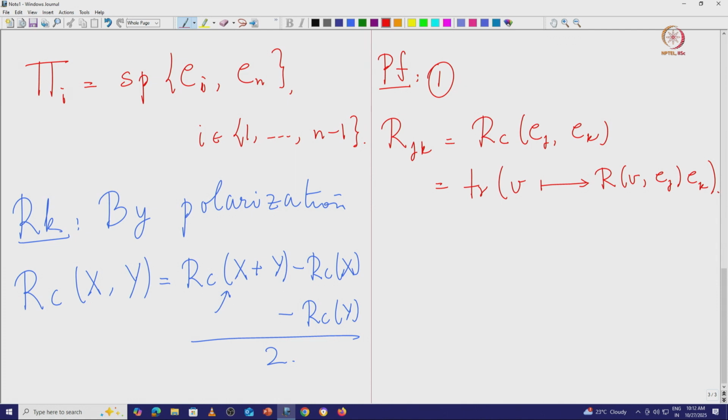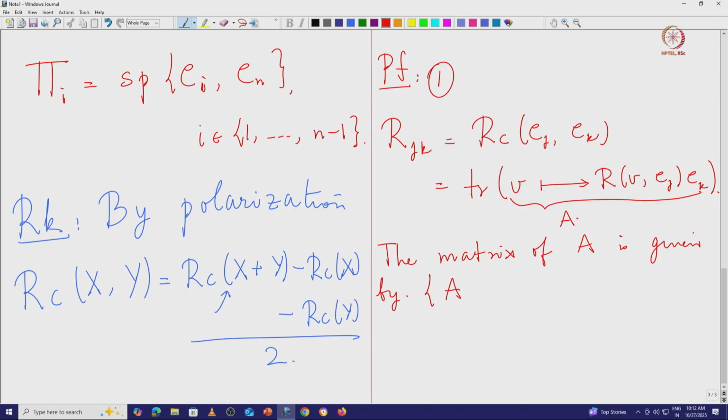But what is the matrix of this endomorphism? So call this endomorphism A. The matrix of the endomorphism is simply given by, let's call it A^l_i, where what is A^l_i?